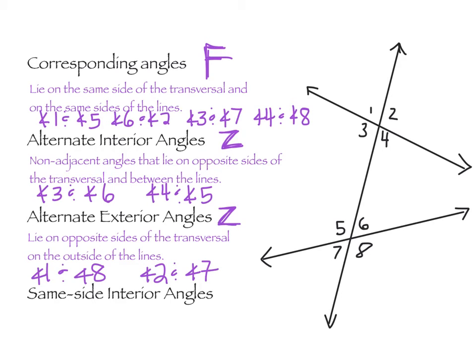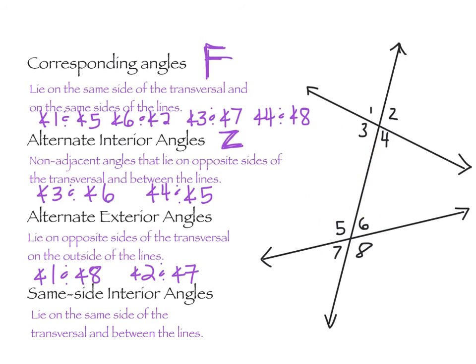Last are same side interior angles. And I bet you if you thought about it, you could figure out what these are. Interior, same side, so the same side interior would be 4 and 6, or 3 and 5.